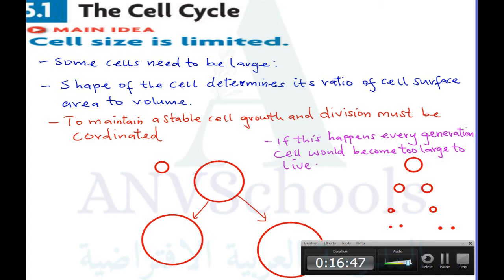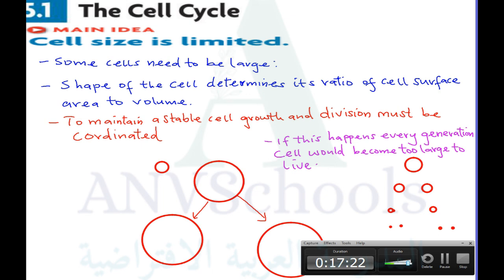So if, for example, someone asked you, which has a larger surface area to volume ratio, a tennis ball or a soccer ball? If you take the two of them, one being a tennis ball and the other being a soccer ball, which one would have a larger surface area?